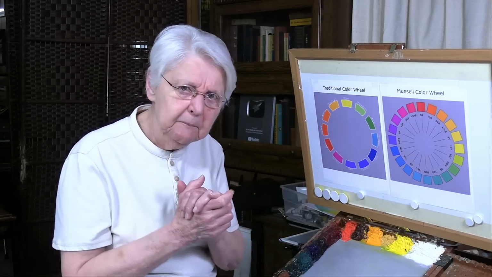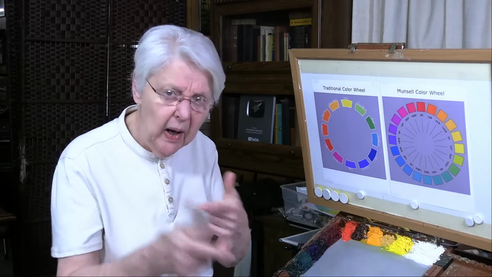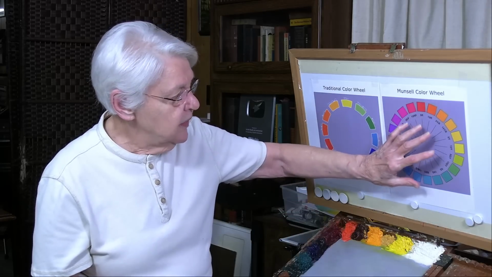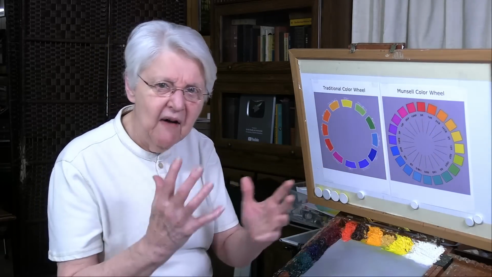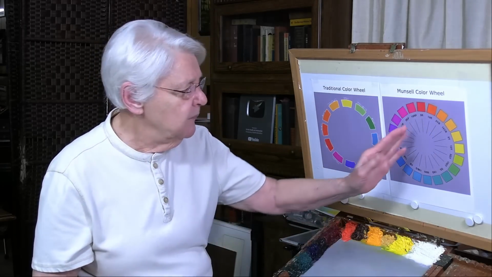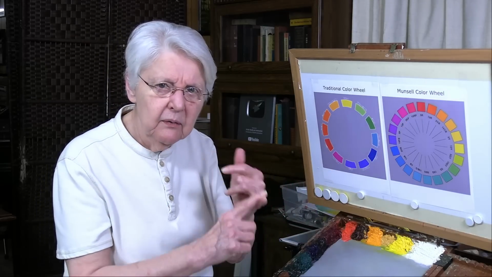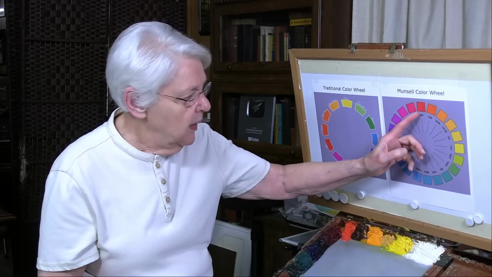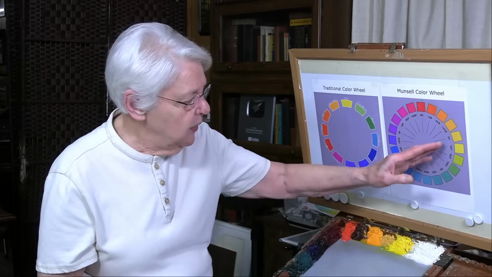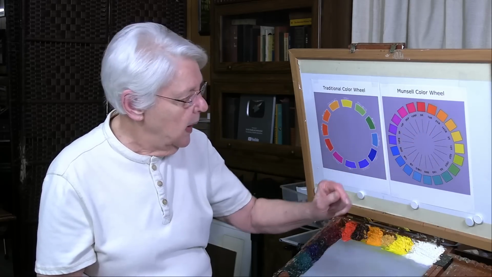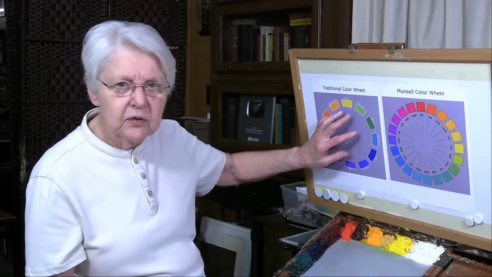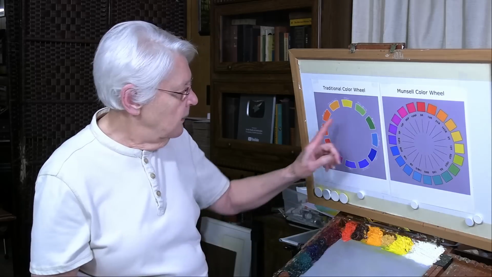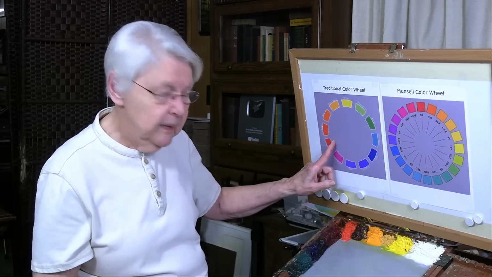Now, let me go into the other things. The other thing in which they're different, I pointed out, is that Munsell used the system of what he called five primaries. That simply means those are the colors, from his point of view, with which all the others are formed. The traditional wheel uses just those three, yellow, blue, and red.